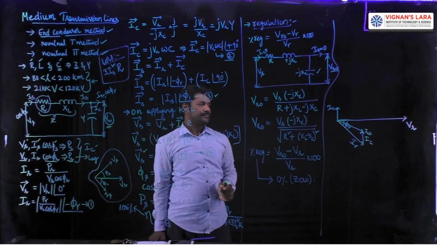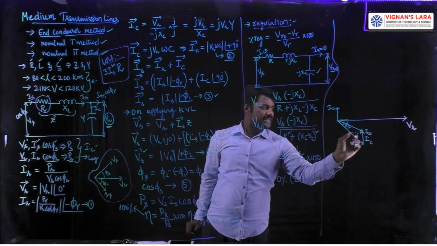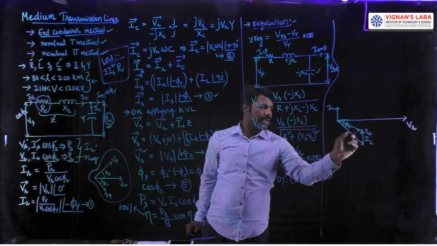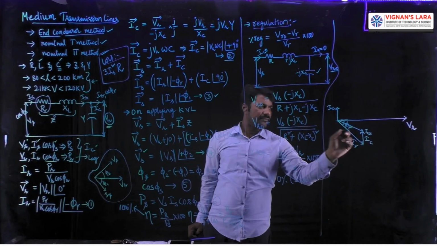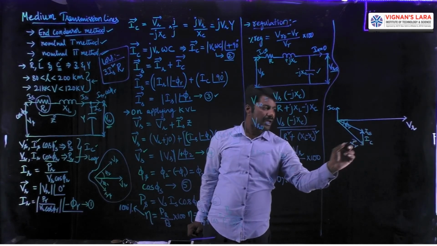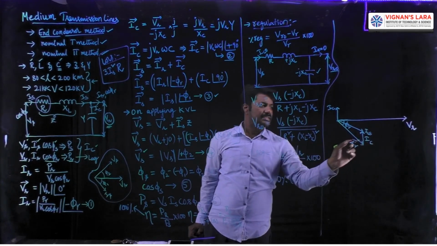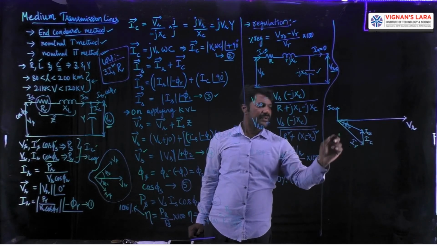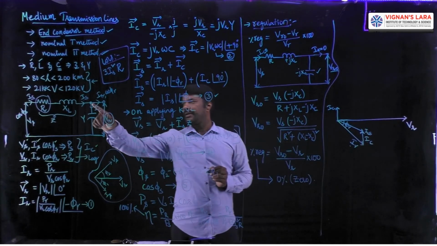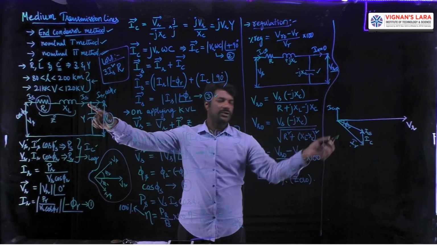And if you observe, this is a triangle. In this triangle, the three phasors are shown: IR and IC. On adding this IR and IC, I got the current called IS. This triangle in this phasor diagram represents the KCL at this node.